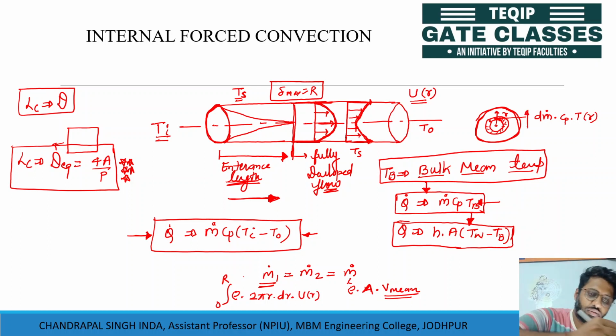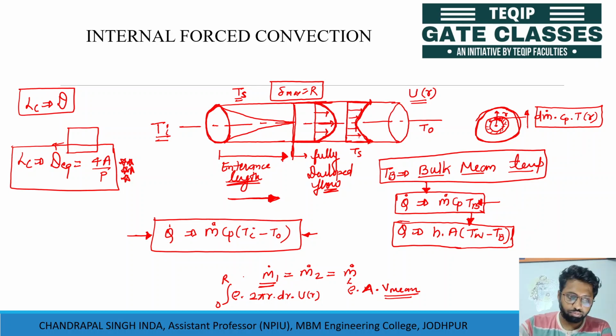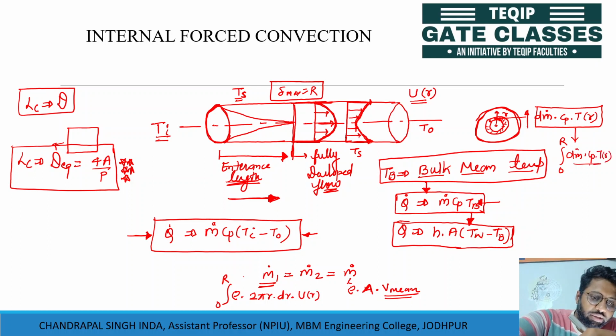So we have the thermal energy available at that particular cross section. At that cross section we can find the total thermal energy available by integrating dm dot cp multiplied by T(r) from 0 to r.